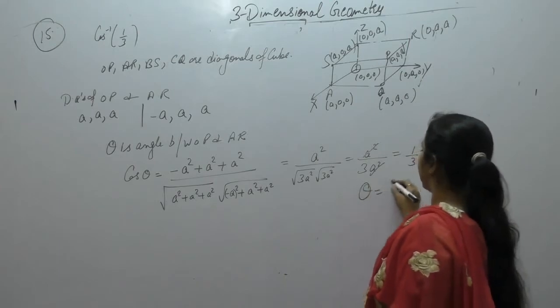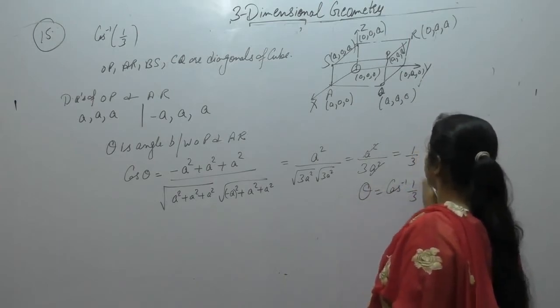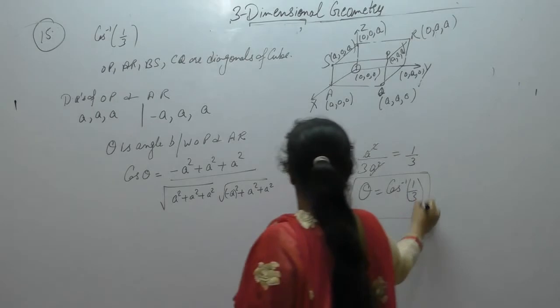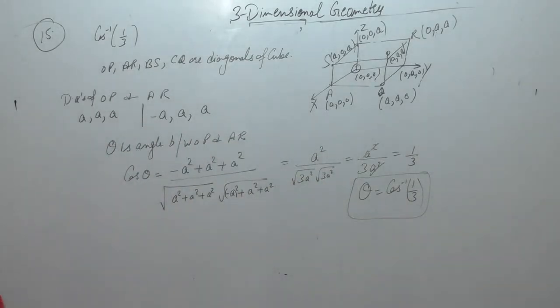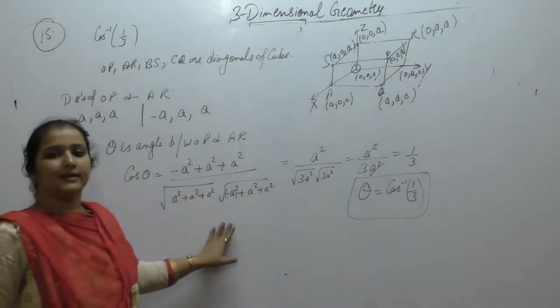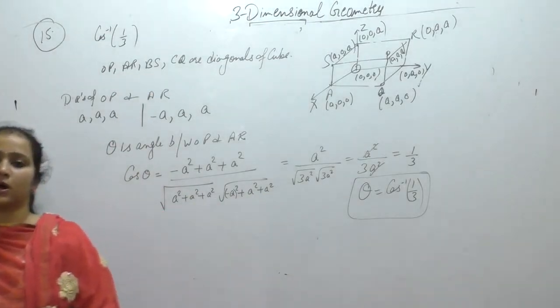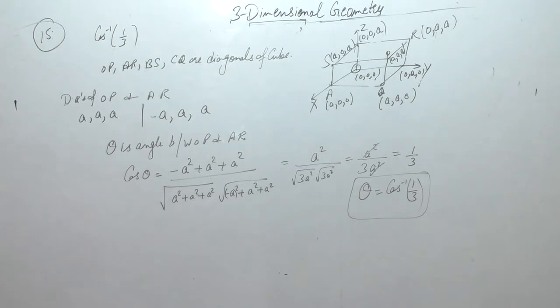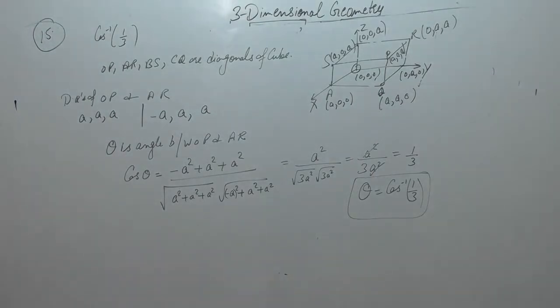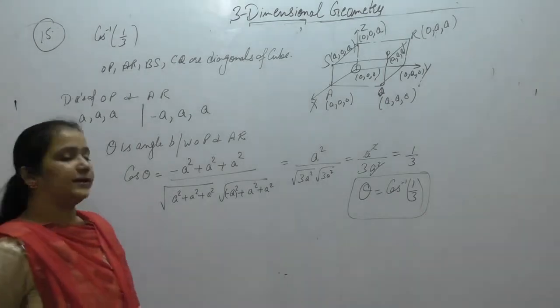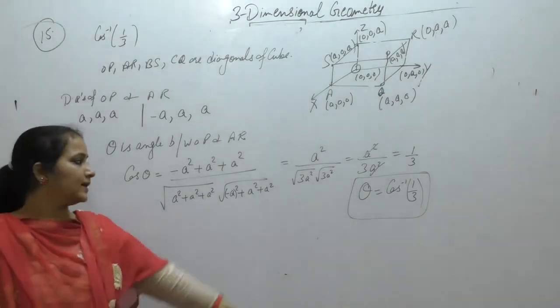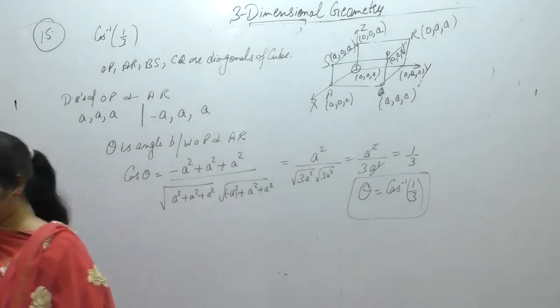So we get theta as cos inverse 1 by 3. Similarly, between the other diagonals we can check the angle, that is theta is cos inverse 1 by 3. Hence, the angle between any two diagonals of a cube is cos inverse 1 by 3.